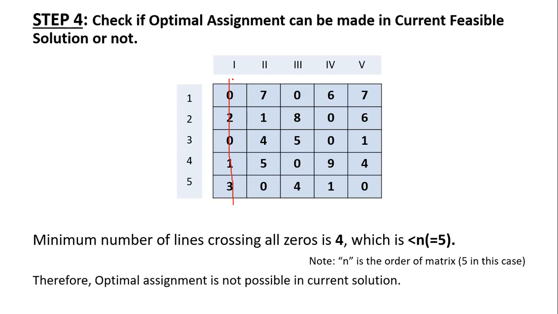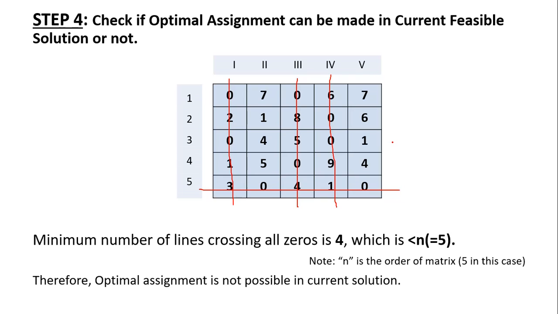Since we have 2 zeros here, we'll strike off this column, then this column. Then there is one more column which has 2 zeros, column 3, so we'll strike off this. And we have the 5th row which has 2 zeros, so we'll strike off this. Now there is no zero remaining, so we have covered all the zeros.